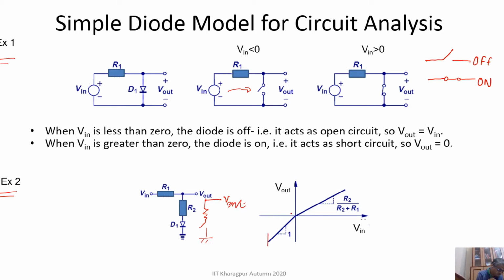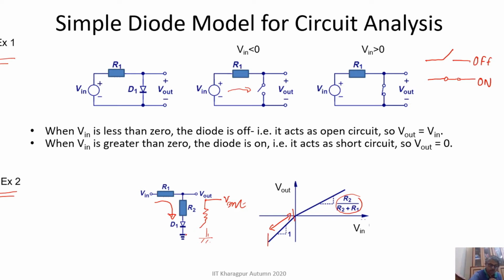So that is the section where V out equals V in when the diode is off, and when the diode is on, the current is passing through this, and you can get the slope is R2 over R1 plus R2, because we are measuring voltage across the R2. So this is what we have discussed.